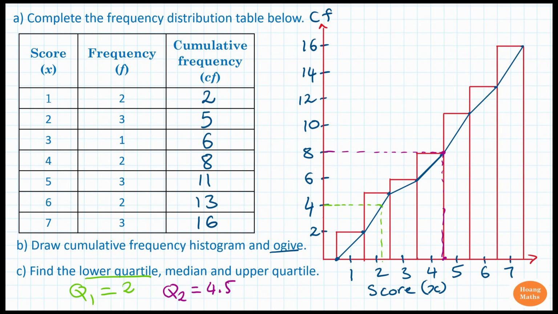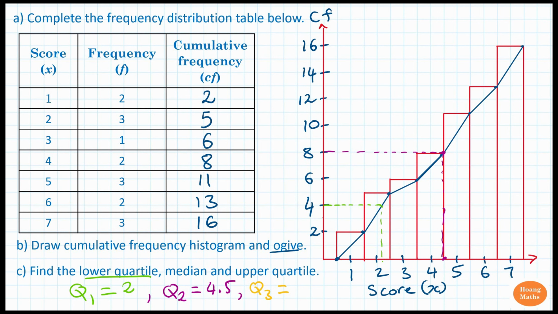Now to find the upper quartile, which is Q3, Q3 is 75% of the total frequency. So we know that Q3 is 75% of 16, so 3/4 of 16 if you like. So 16 divided by 4 is 4, you times 3 is 12.